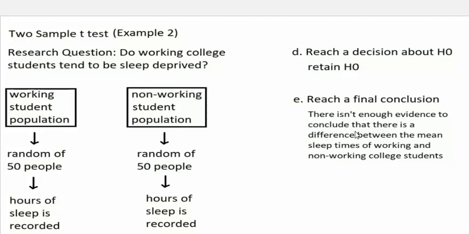And if it's in the positive rejection region at the right end, you're going to confidently say that the mean of population 1 is higher than the mean of population 2. But if you reject, your conclusion will go one way or the other. But if you retain the null hypothesis, this will always be the conclusion. And yeah, so these are the two examples I wanted to share for the two-sample t-test using the critical value method, which is the first way of doing the two-sample t-test.